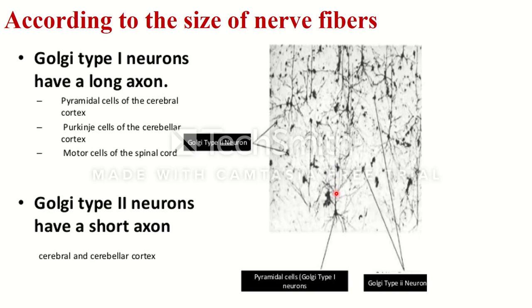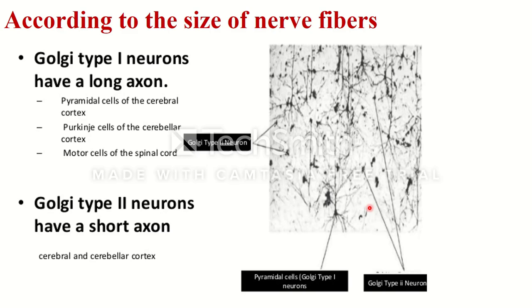These axons are long, very long, and these neurons are Golgi type 2 neurons, because their axons are very, very short. Mainly the other neurons are between these two, very long or very short.